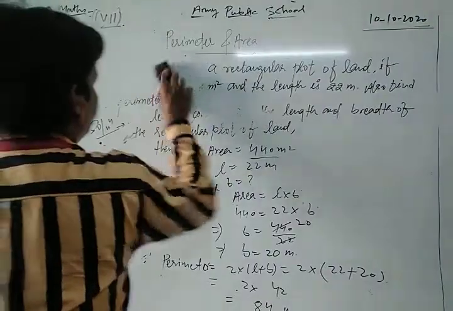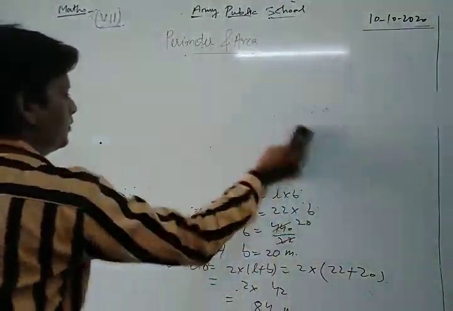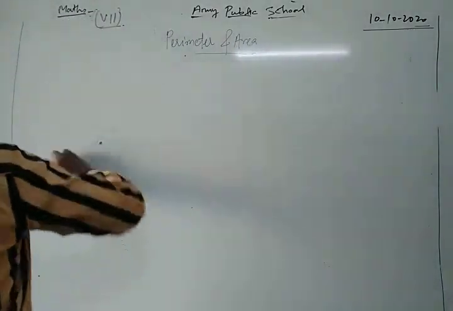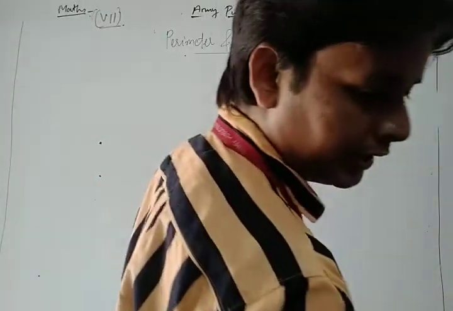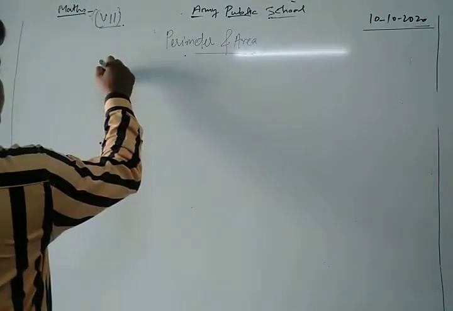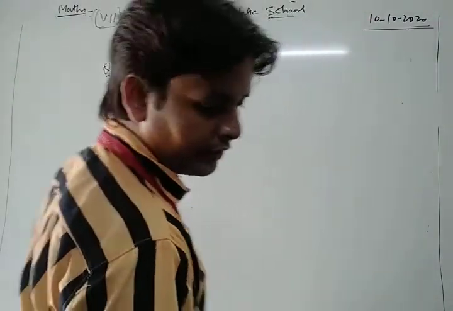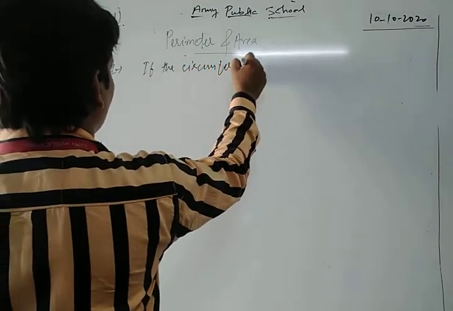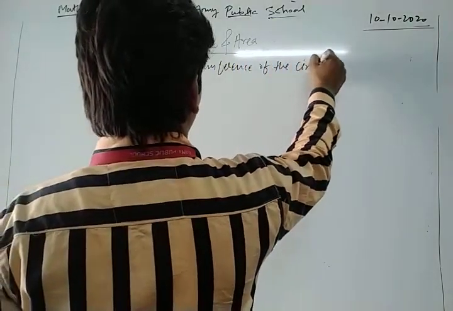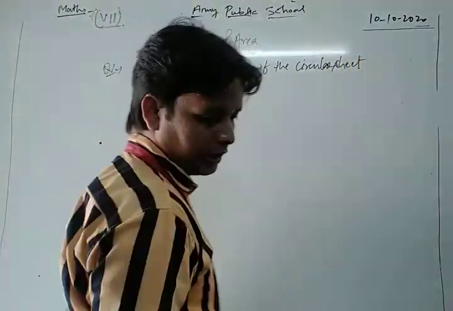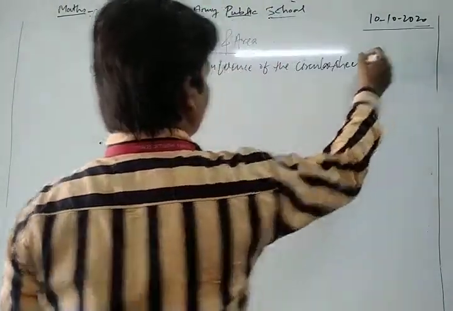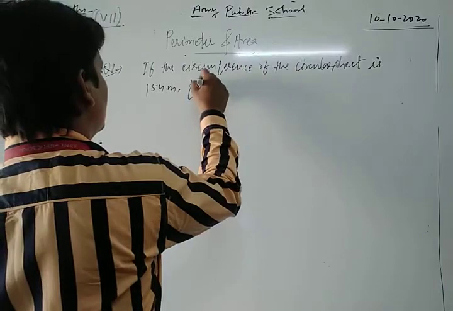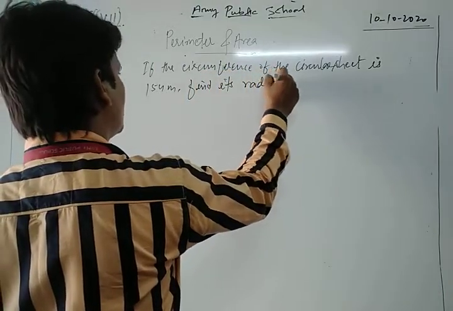Now we take some other questions based on circle. Let's see. Your question is: if the circumference of a circular sheet is 154 meter, find its radius.